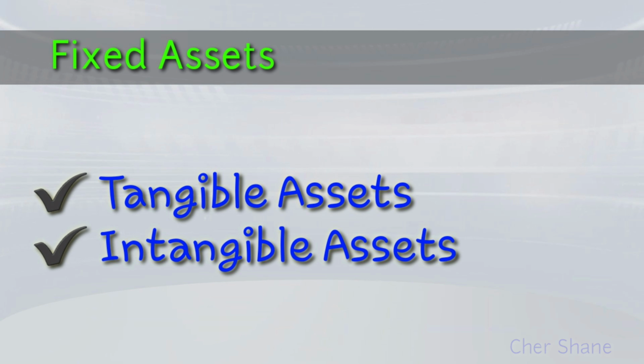Some of the most common types of fixed assets are tangible assets and intangible assets. Tangible assets are assets which can be physically seen or touched by those who use them. Examples are plants, buildings, land, machinery, equipment, and furniture.